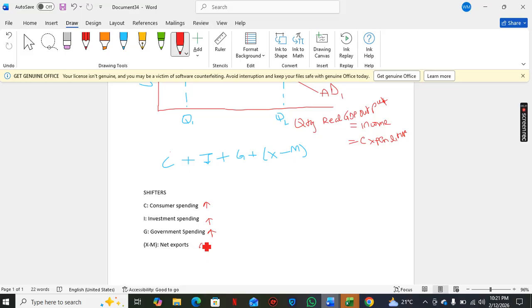Any reduction in these, reduction in consumer spending, investment spending, government spending, foreigner spending, your aggregate demand curve will shift to the left, signifying a drop in aggregate demand.